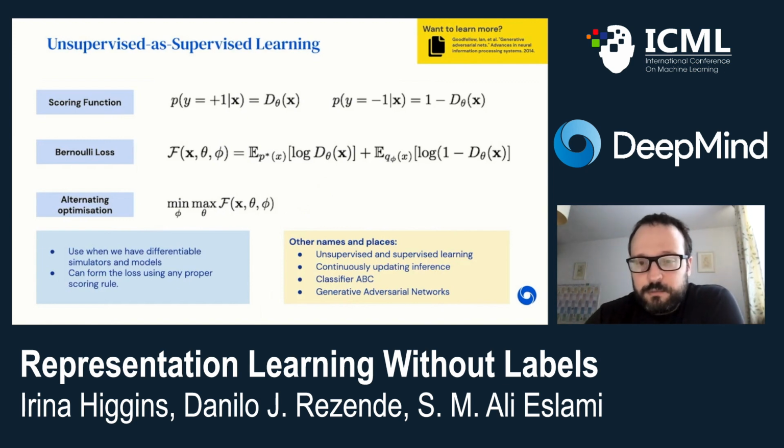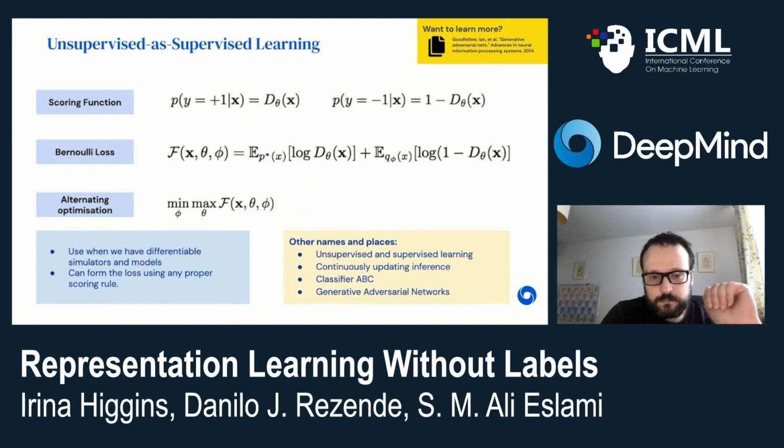Based on that, we can build a new loss, which is based on the heuristic that a good generative model should be able to fool the discriminator, in the sense that the discriminator should not be able to tell the difference between samples from the model and the data. And this leads to the loss in the middle there.